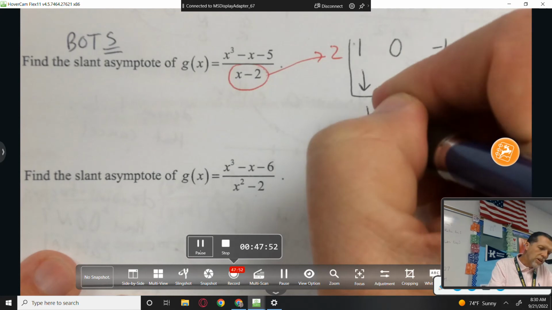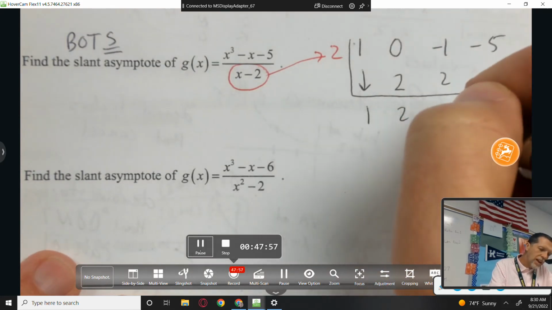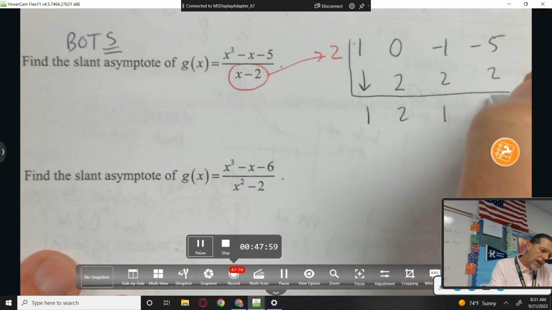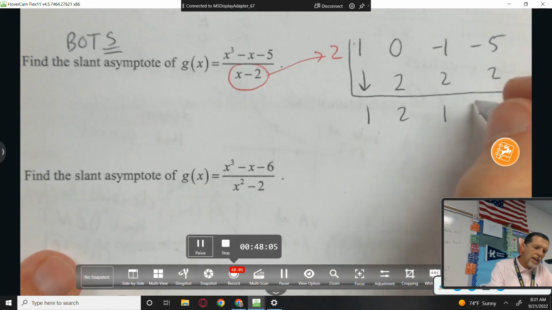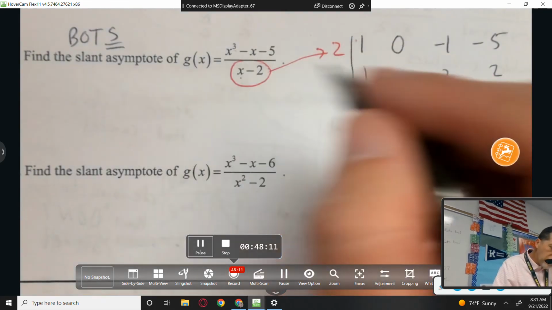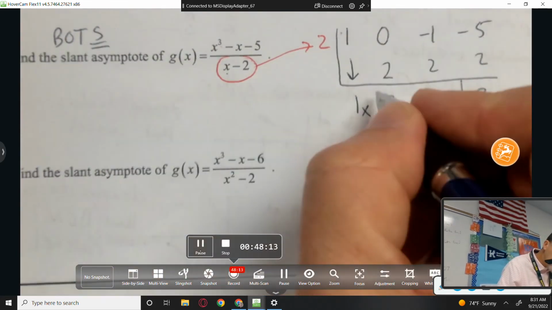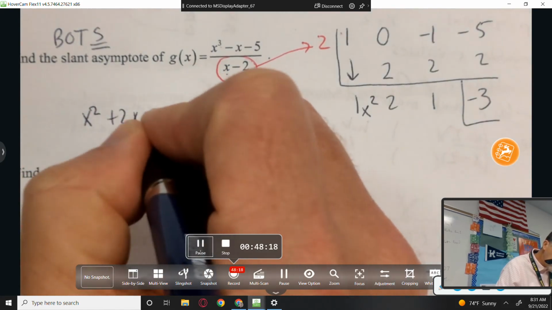Copy down the 1. Multiply, add, multiply, add, multiply, add. That last number is the remainder. Started with x cubed, we divided with x, so we have an x squared. So x squared plus 2x plus 1.